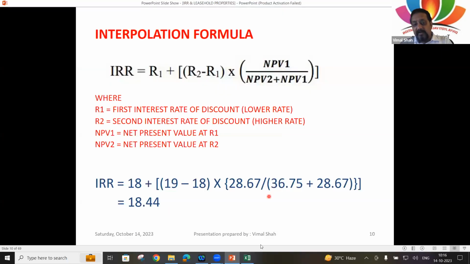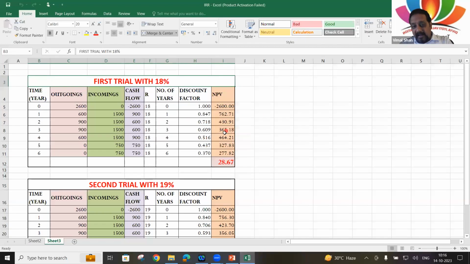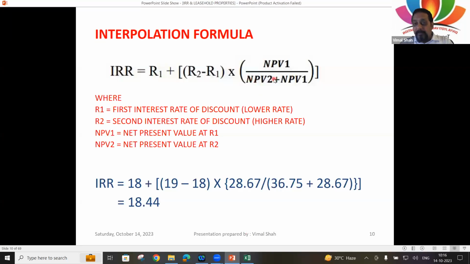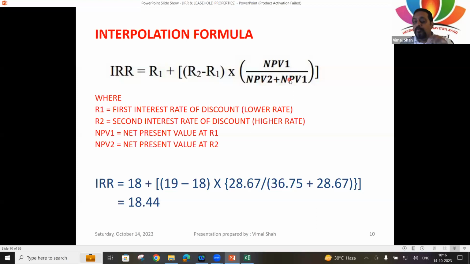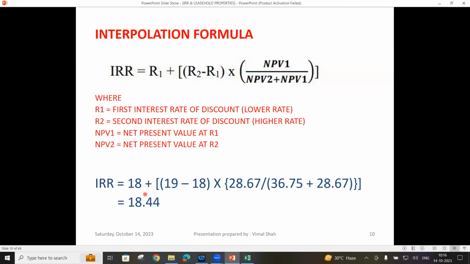NPV1 is the NPV at the lower rate of interest, that is at 18%. NPV2 is the NPV at the higher rate of interest. Using this formula, I can find out the exact rate of return that we are getting in this project.